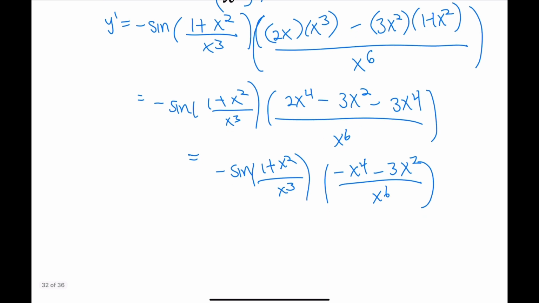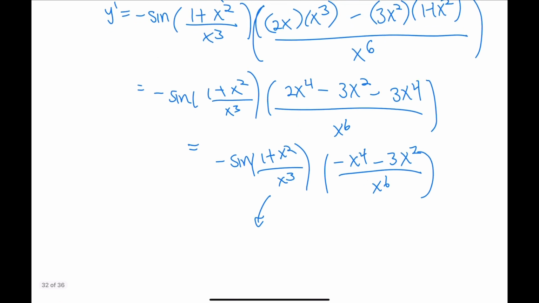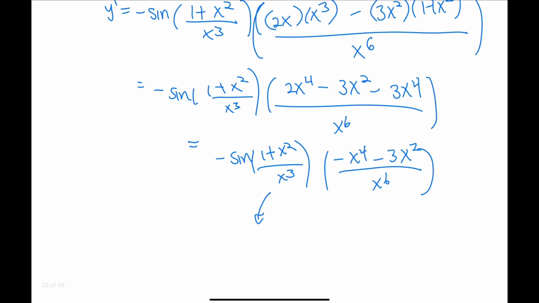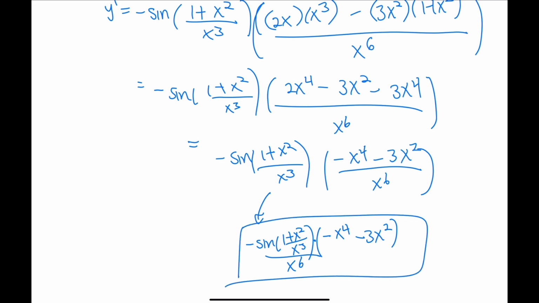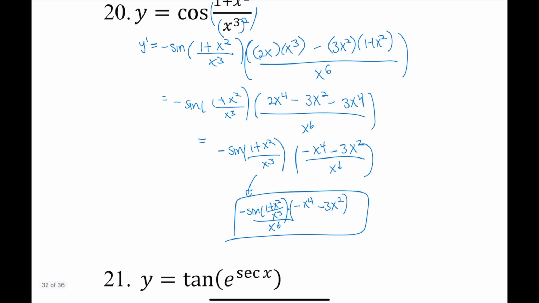Okay, so this looks a little bit weird, but basically what this is showing is x to the 6th power all over negative sine, negative sine 1 plus x squared over x to the 3rd times negative x to the 4th power minus 3x to the 2nd power. So this would be our answer. Okay, let's just check our work really quickly to make sure everything's right. Yep.